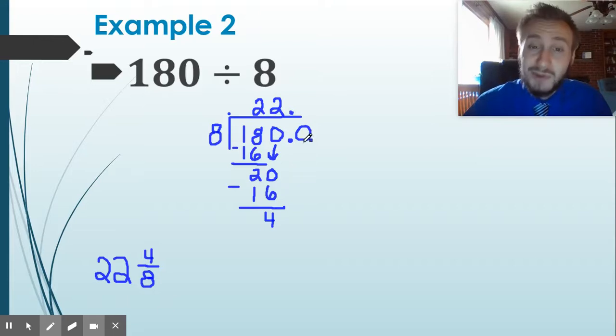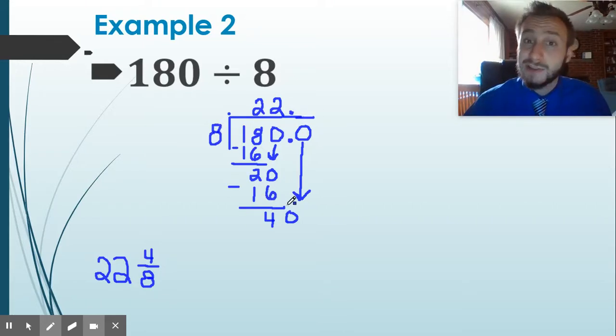Once you do that, you can bring down this 0 just like you've done before, which makes this 4 into 40. And then you want to figure out how many times does 8 go into 40. So 8 times what gets you really close or exactly 40? 5. So 8 times 5 does give you exactly 40.